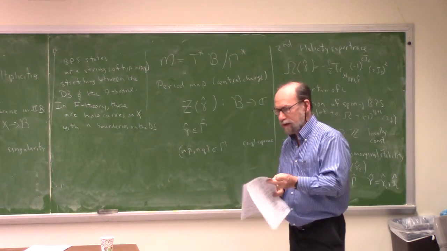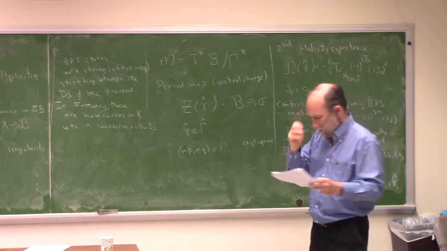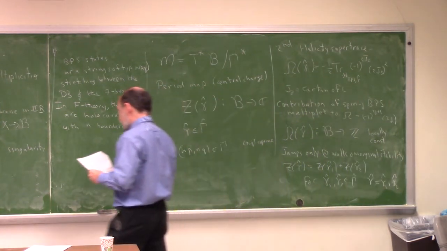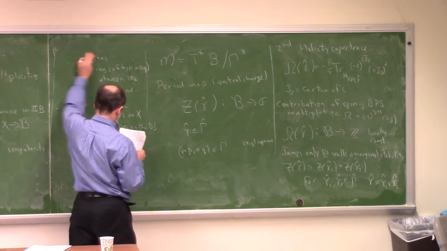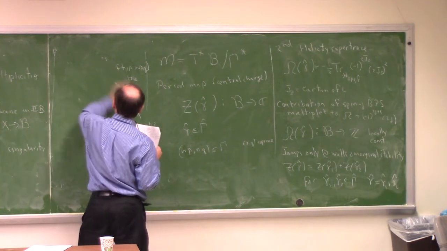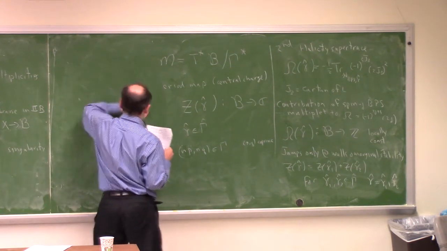So I'm using the conformal invariance to do that. Let me just say what things deform into. I see that my time is rapidly running out, but let's see what I can do.